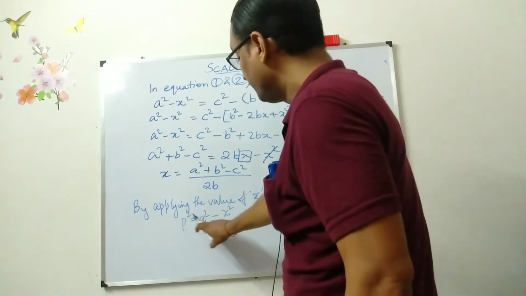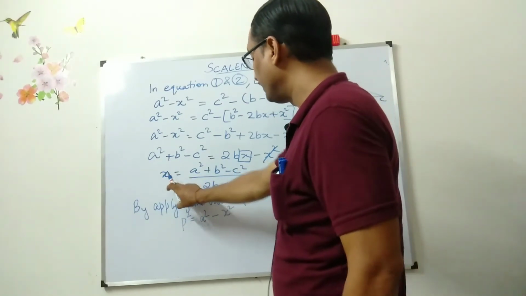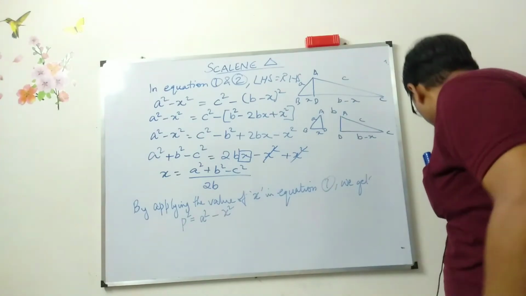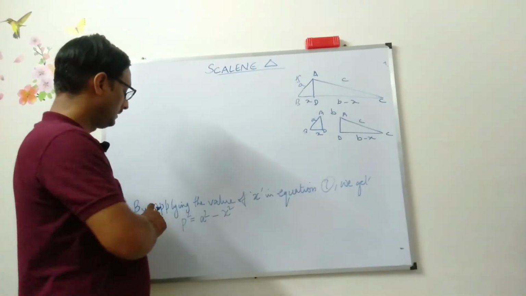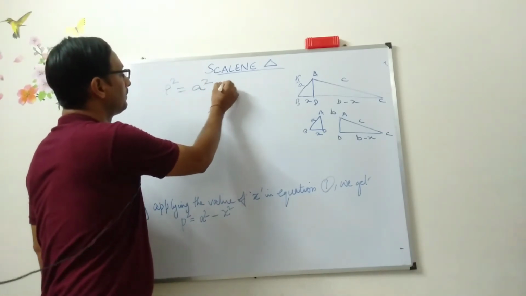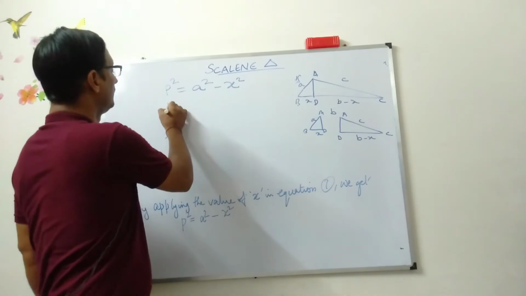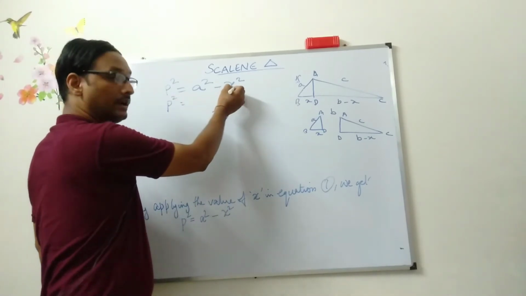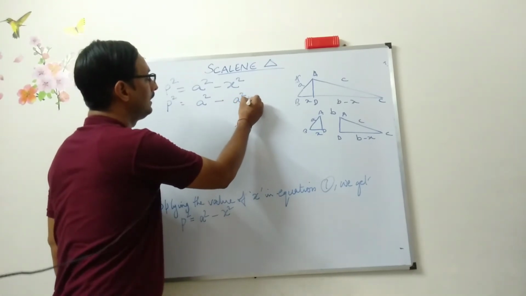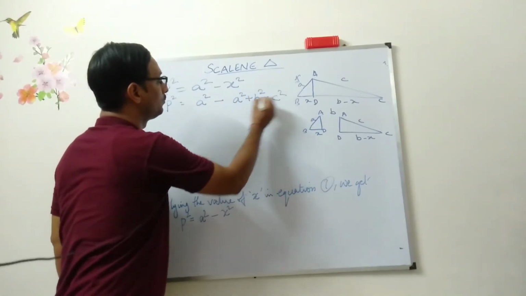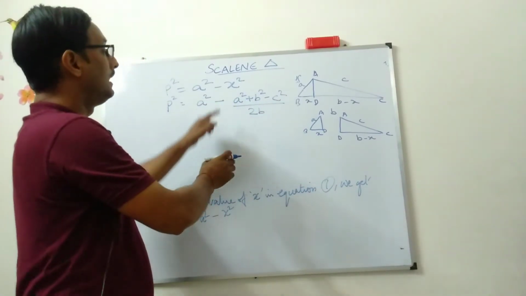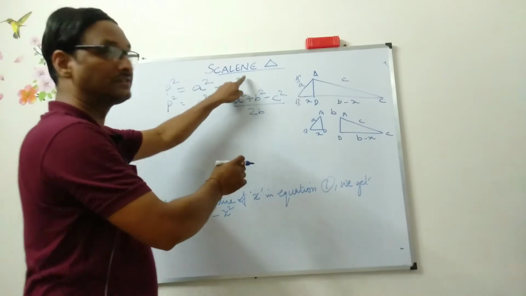Now I will be applying the value of x in this equation. B square is equal to a square minus x square. By applying the value of x in this, what will I get? A square plus b square minus c square by 2b. This is the value of x, and I have to put the value of x square.